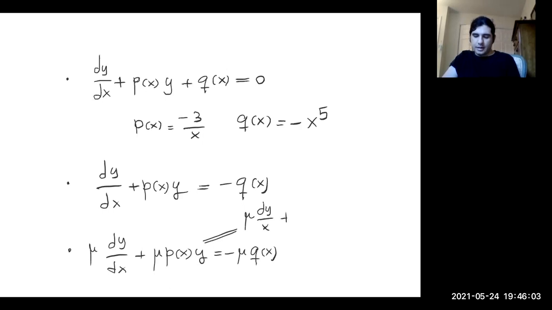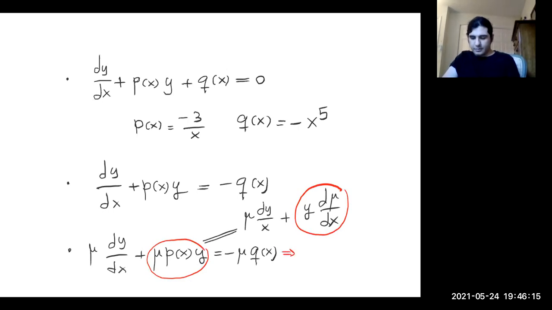For this equality, mu p x should be equal to d mu dx.